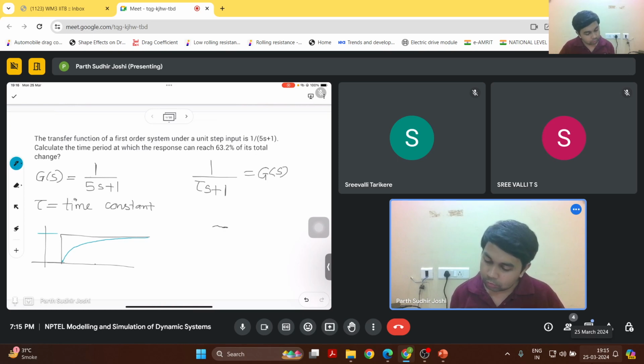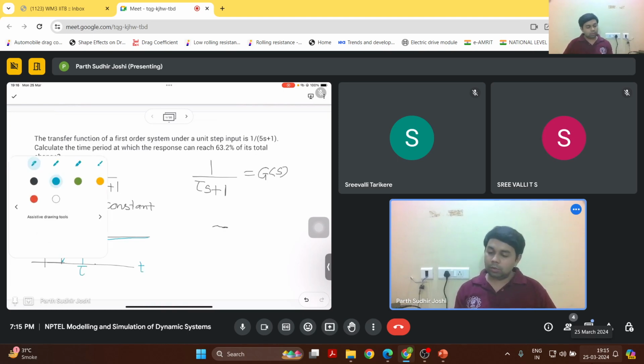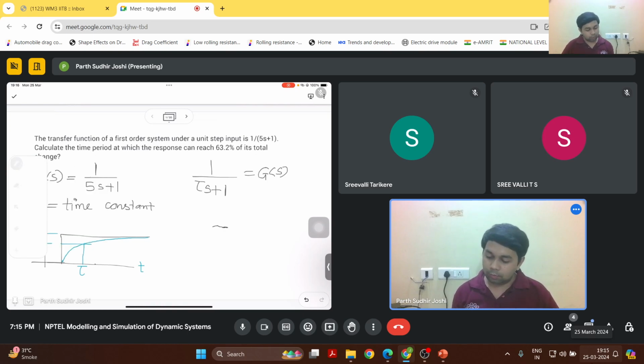So if this is 1, the value of the time at which we reach this 63.2% of the steady state value, that is called the time constant.